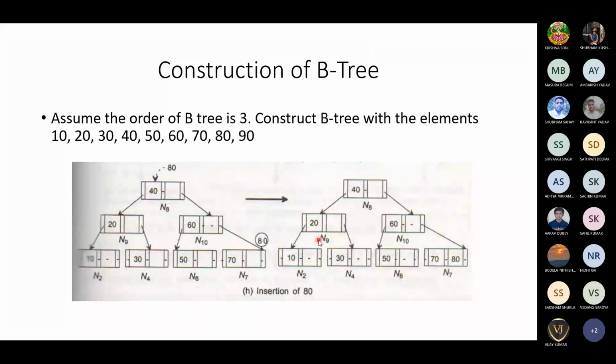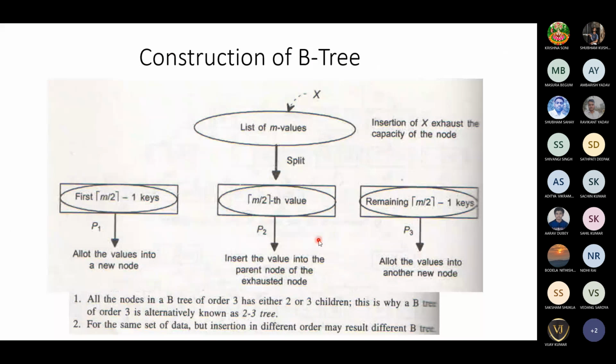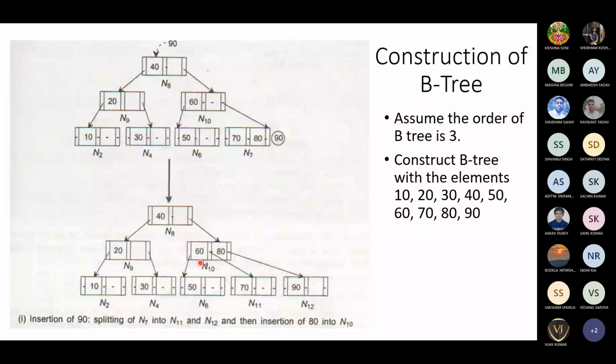When a B-tree is of order three, we call that a 2-3 tree, because in a 2-3 tree, the maximum number of elements you can store is two elements with three pointers. That's why it's called a 2-3 tree, which is very famous and used in many applications. But you can have not necessarily three. If your order is 4, 5, 6, and so on, you can have that many possibilities.